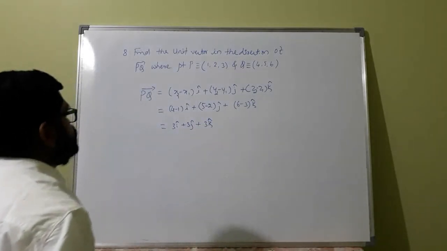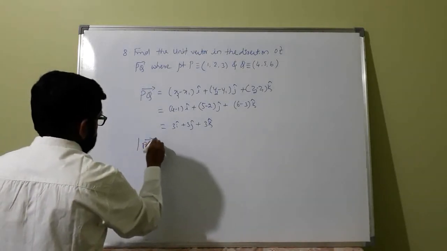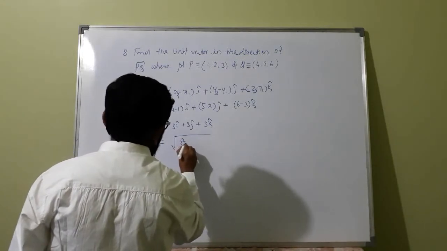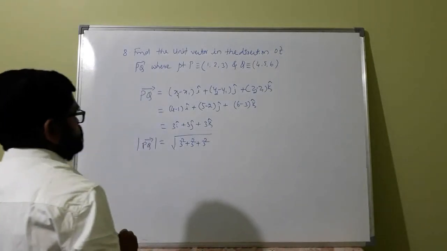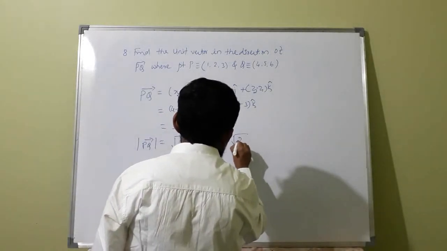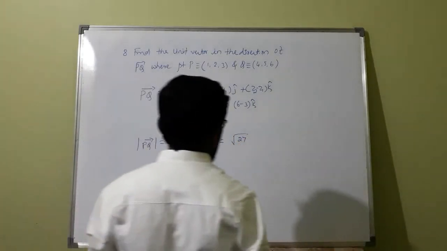This is PQ. Magnitude of PQ is root of 3 squared plus 3 squared plus 3 squared, that is root of 27, or 3 root 3.